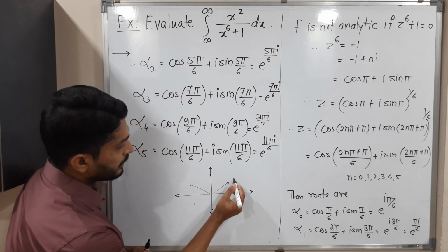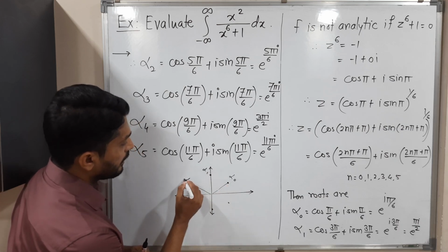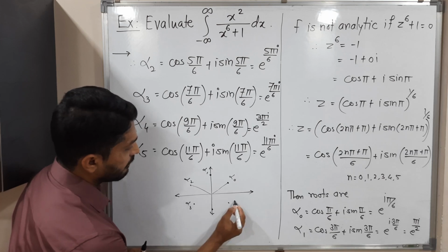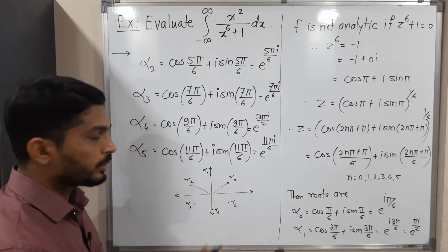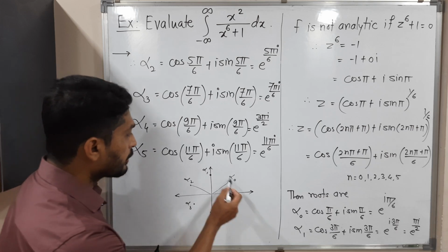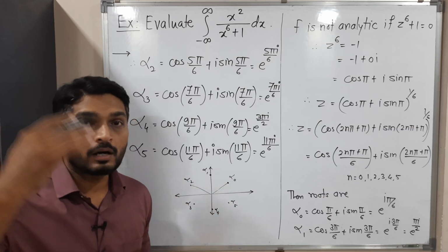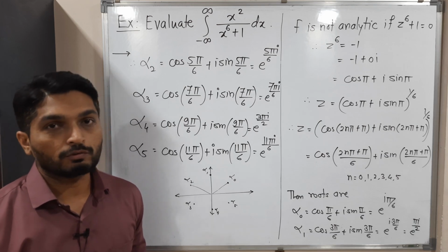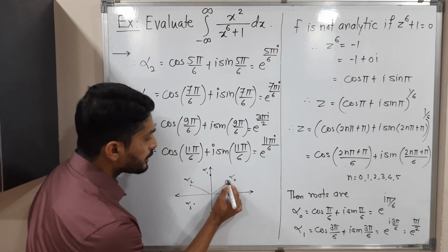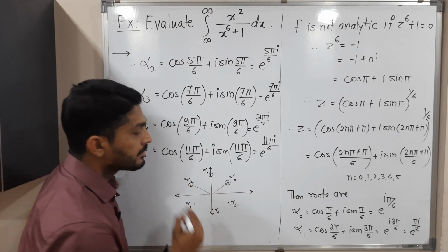So see, total, this is alpha naught, alpha 1, alpha 2, alpha 3, alpha 4, alpha 5. So there are total 6 roots. Out of them, alpha naught, alpha 1 and alpha 2 lie in the upper half of the plane, and the remaining 3 roots lie in the lower half of the plane. So we are more interested in these 3 roots.